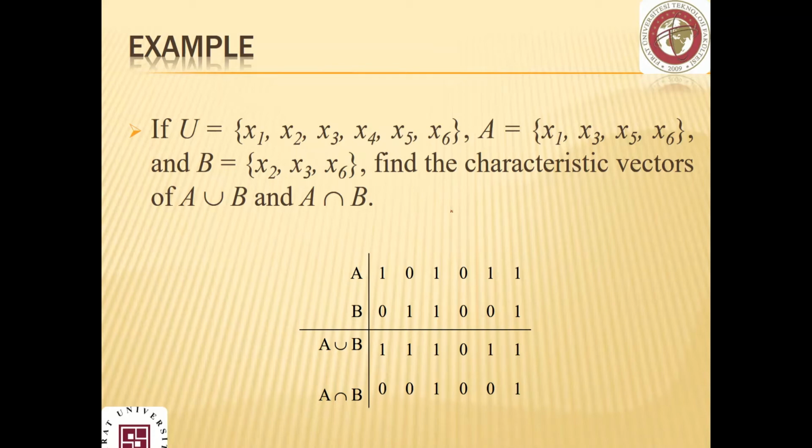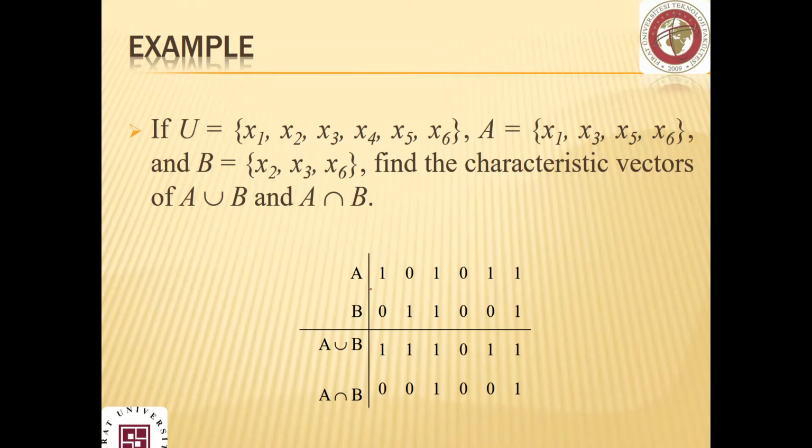Again, how did I get B? Represent the universal set elements available in B by 1, and what's not available by 0. Now, x1 is not there, 0. x2 is there, common between B and the universal set, of course, 1. Then again x3 is available, 1. x4 is not there, 0. x5 is not there, 0. Then 1.